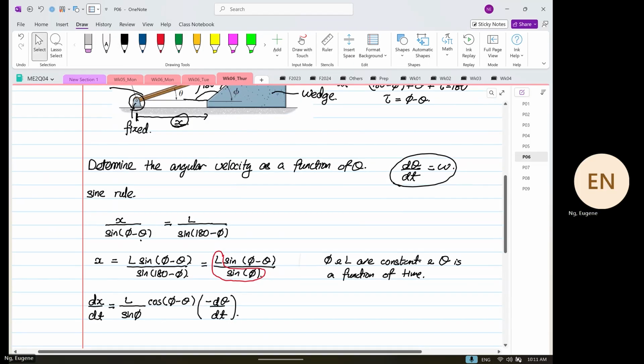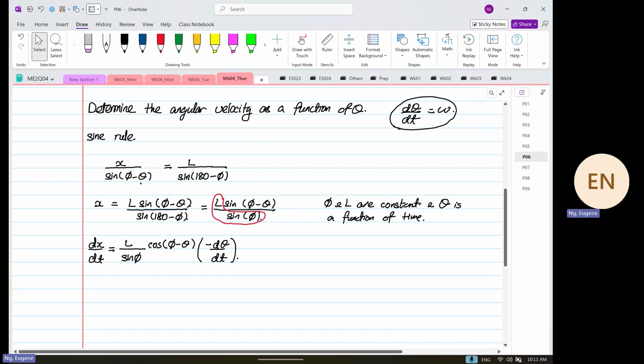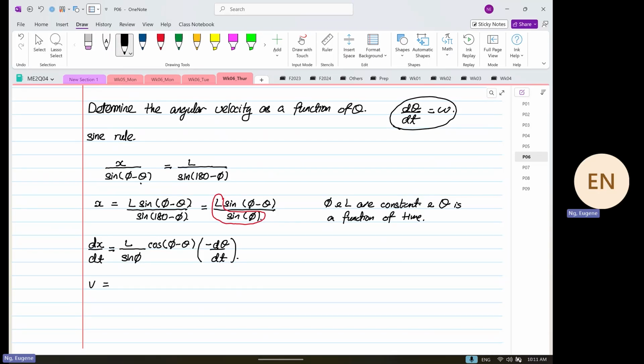From here, we can write v is equal to L over sine phi, cos of pi minus theta, and then minus omega.